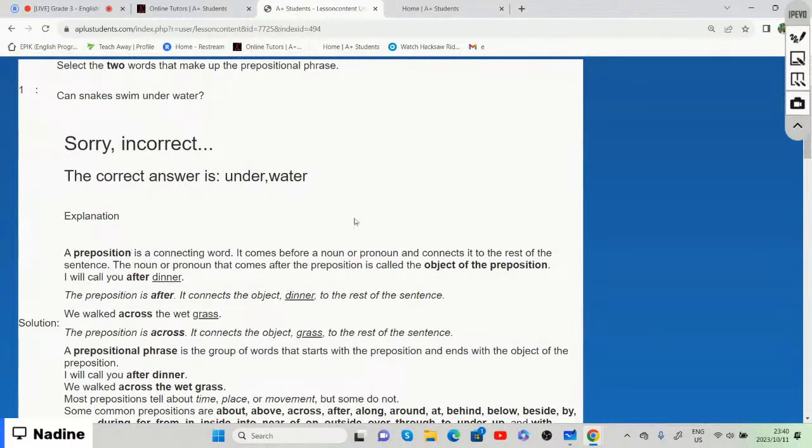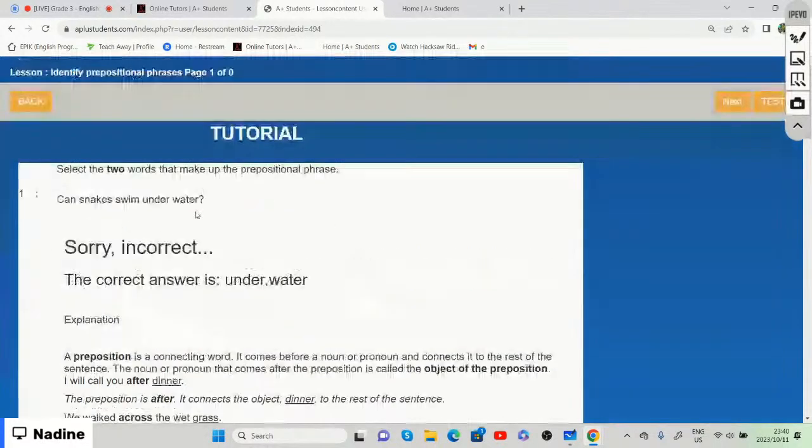So if we select the two prepositional phrases, it says, can snakes swim underwater? We need to select the two words that make up the prepositional phrase.